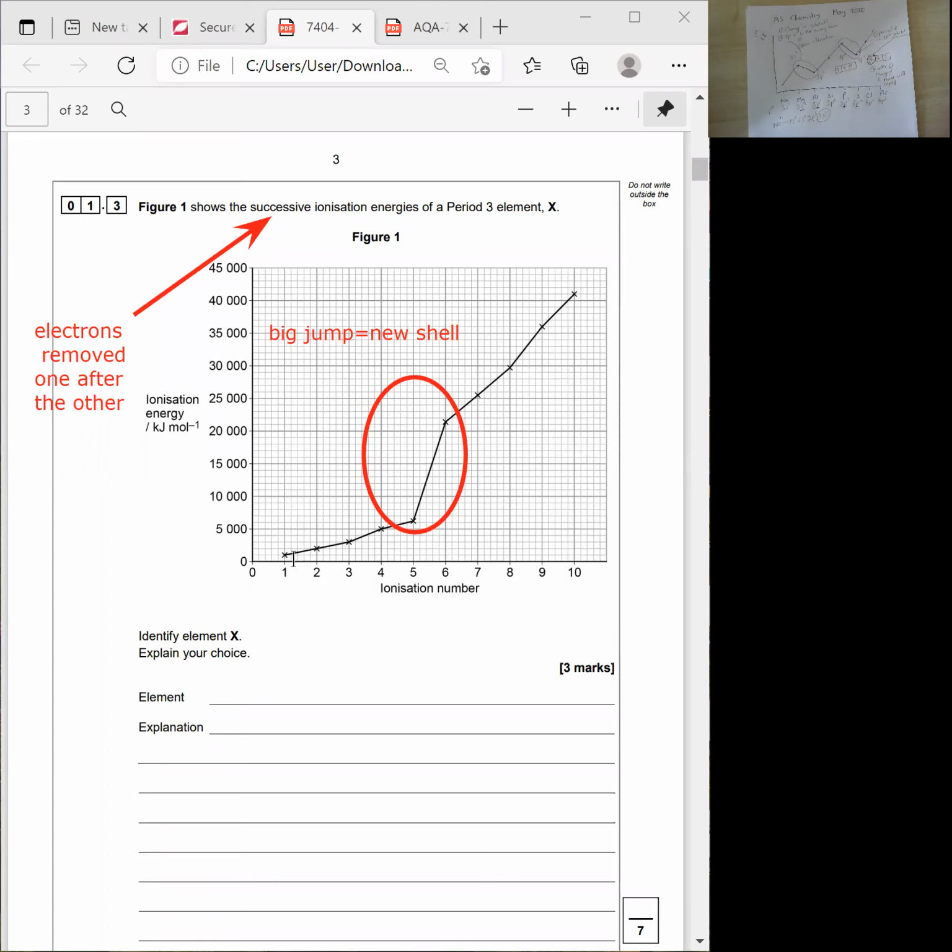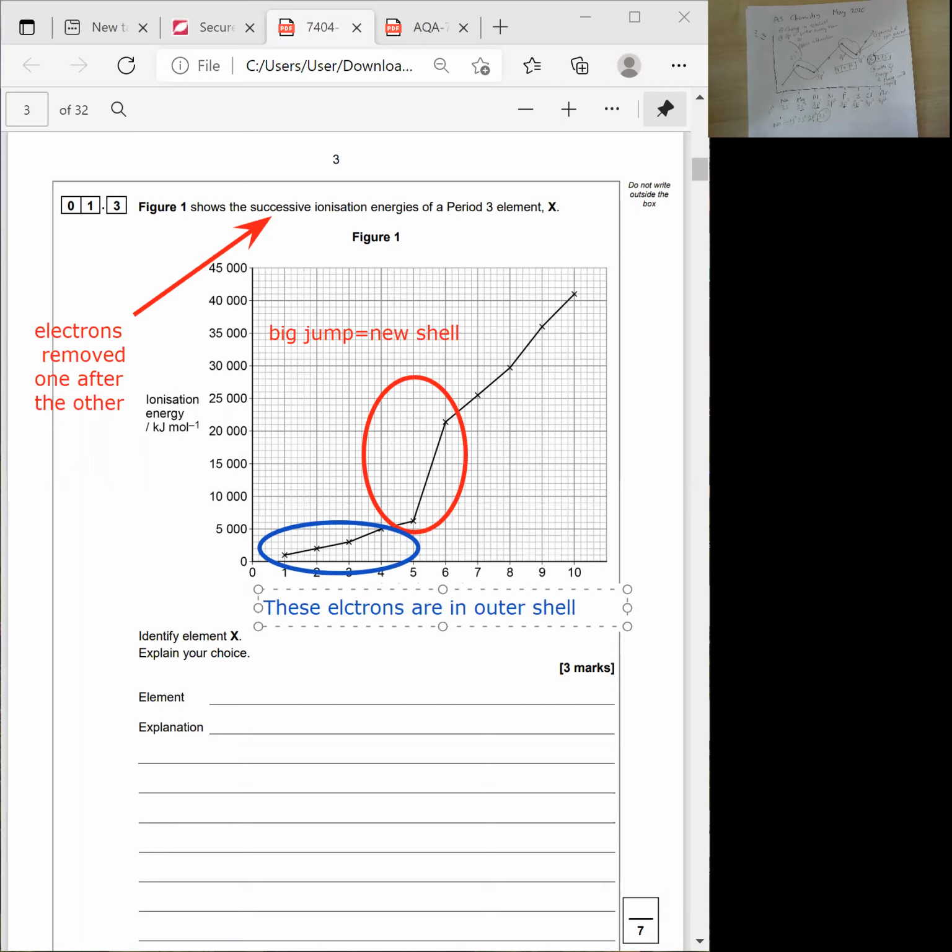So that means that the first 4 electrons, which are here, these electrons are in the outer shell.